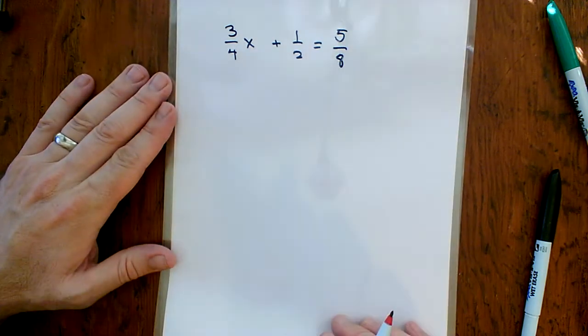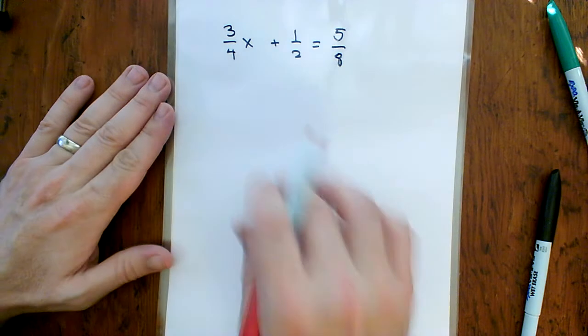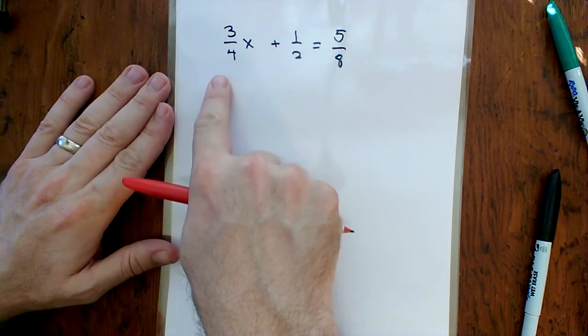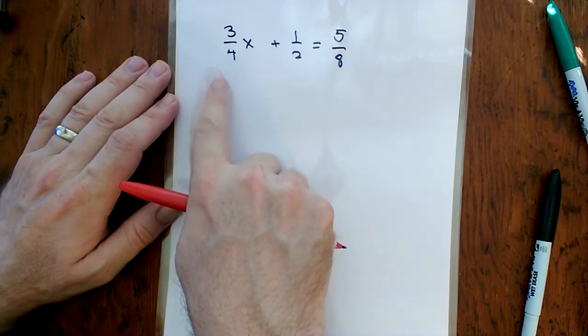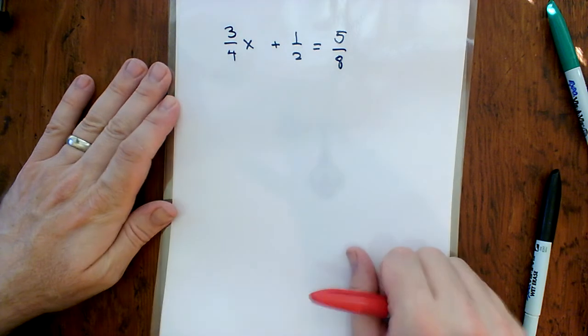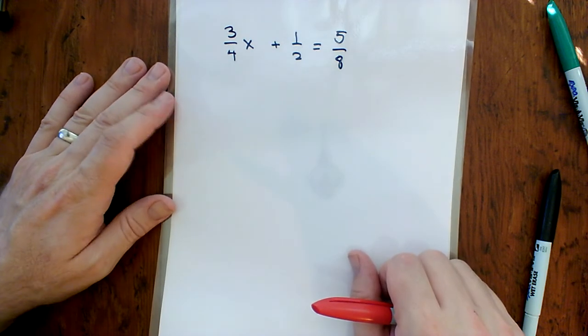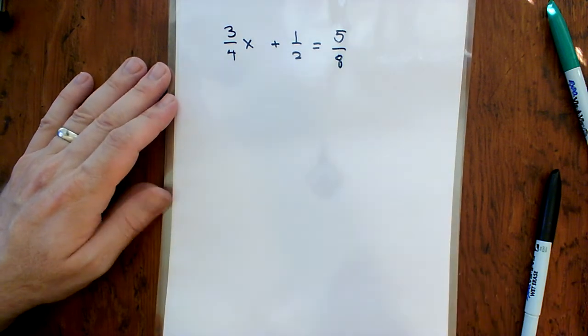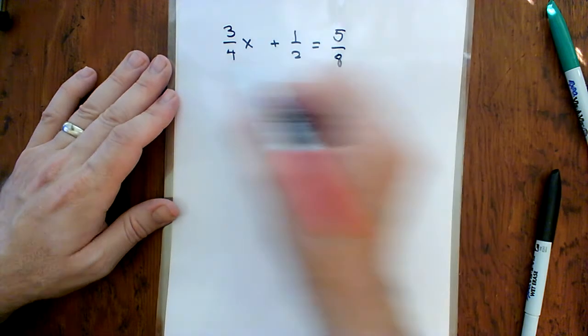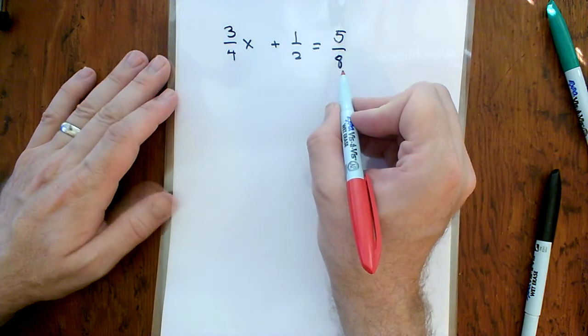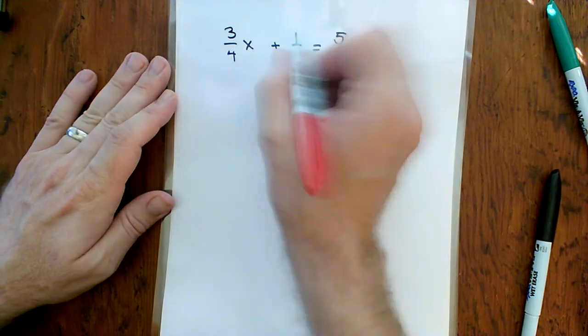But here's the thing. If I remember what I said, that if we multiply both sides by the same thing, it remains the same equation. Everything stays valid. So what I'm going to do here is take a look and see what I can multiply by that will make all of these fractions go away.